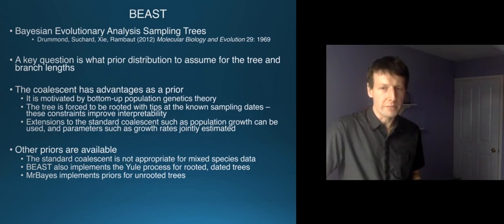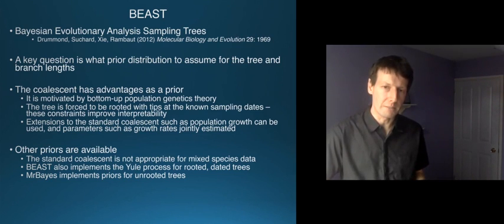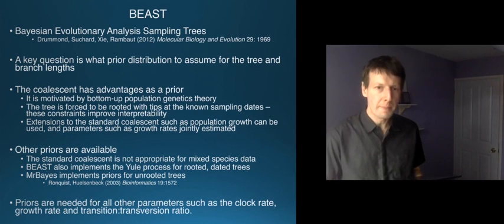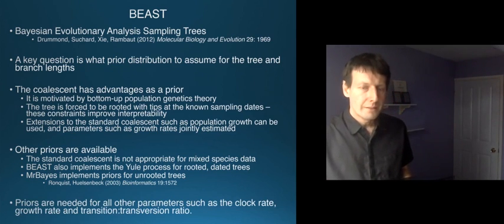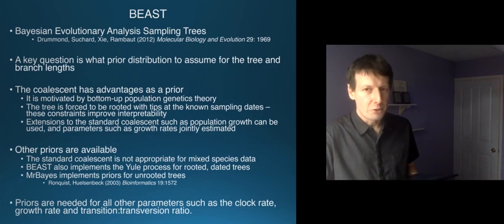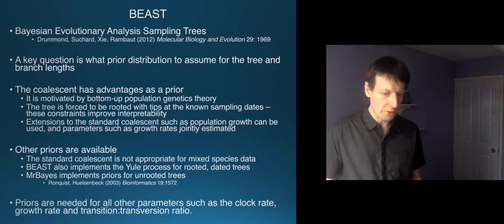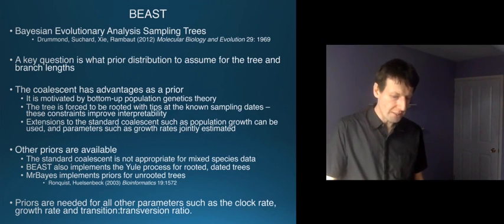These are more descriptive models. They're not based on a bottom-up population genetics model, really. There's a reference for Mr. Bayes. Not only do we need a prior for the tree, its topology and branch lengths, but priors are needed for all other parameters, such as the clock rate, growth rate, and the transition-transversion ratio.